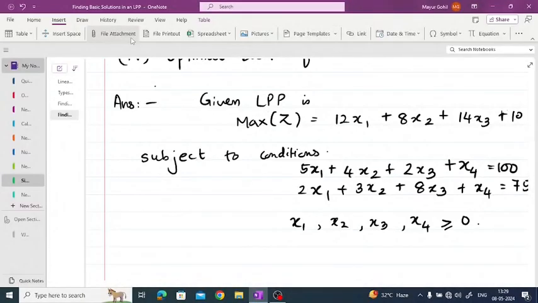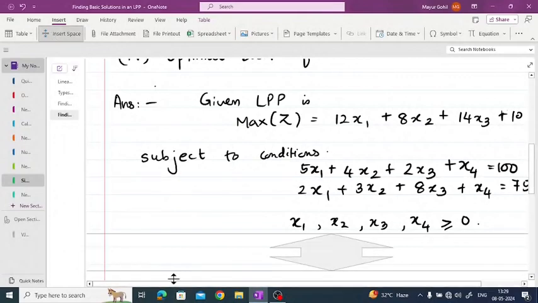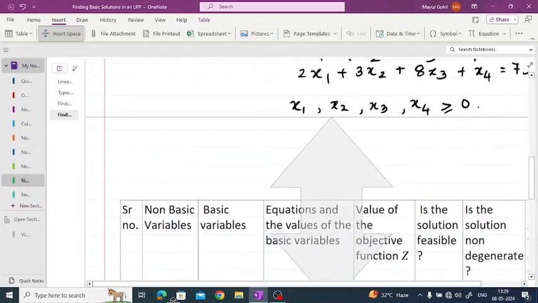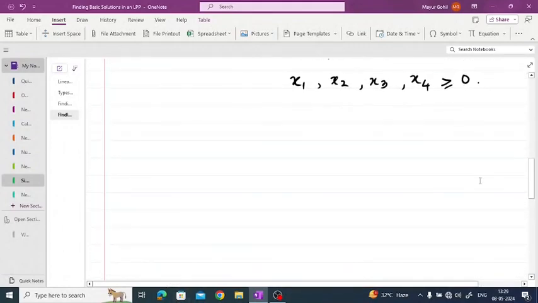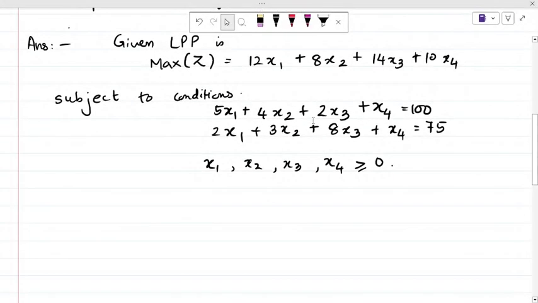I'll insert some space because we will need something to write here first. Having got our LPP, we now write down the required things that we need.